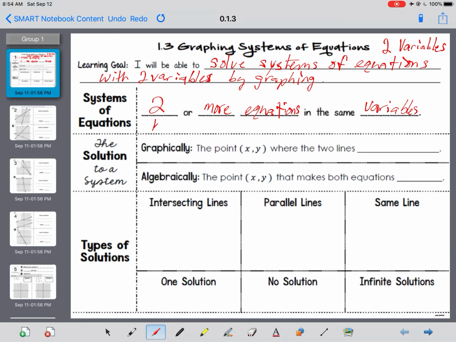Okay, good point to know here: how many variables is how many equations you need.